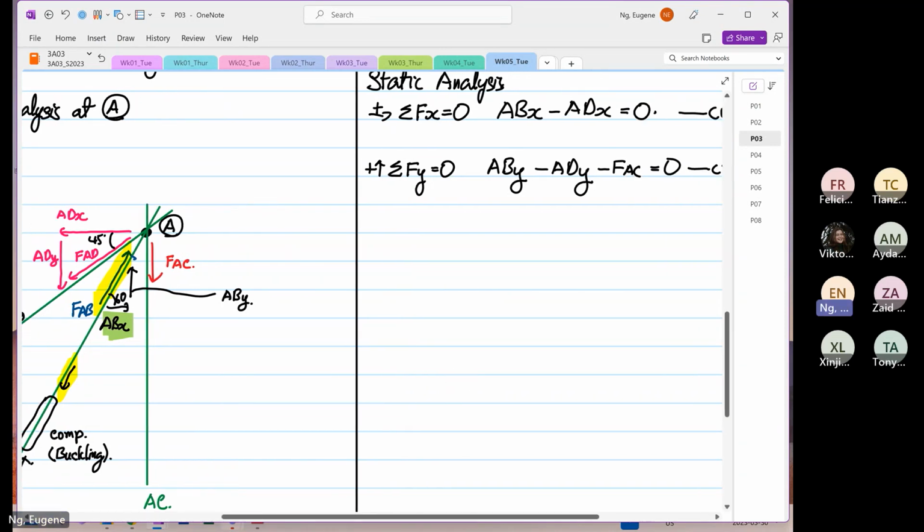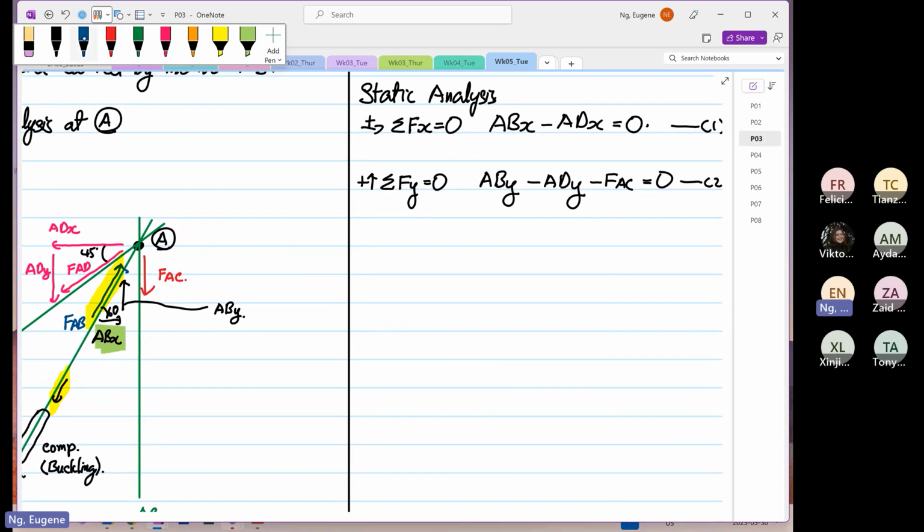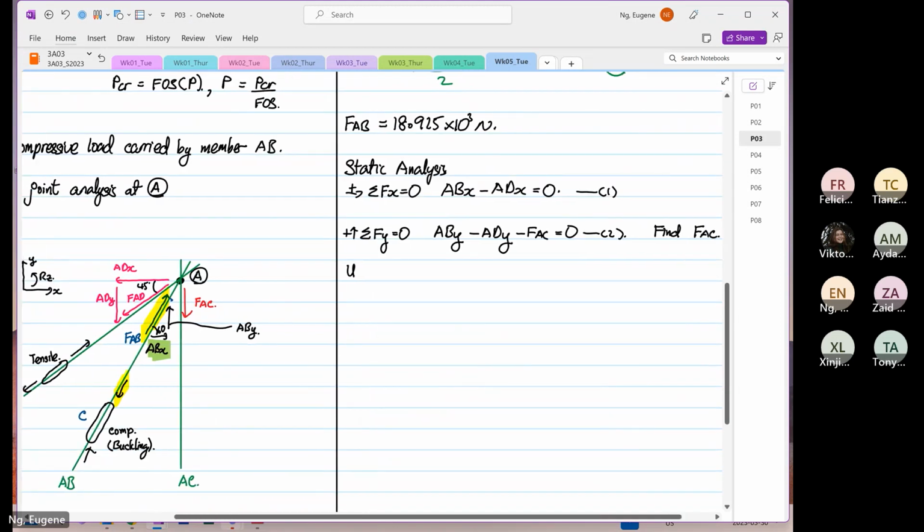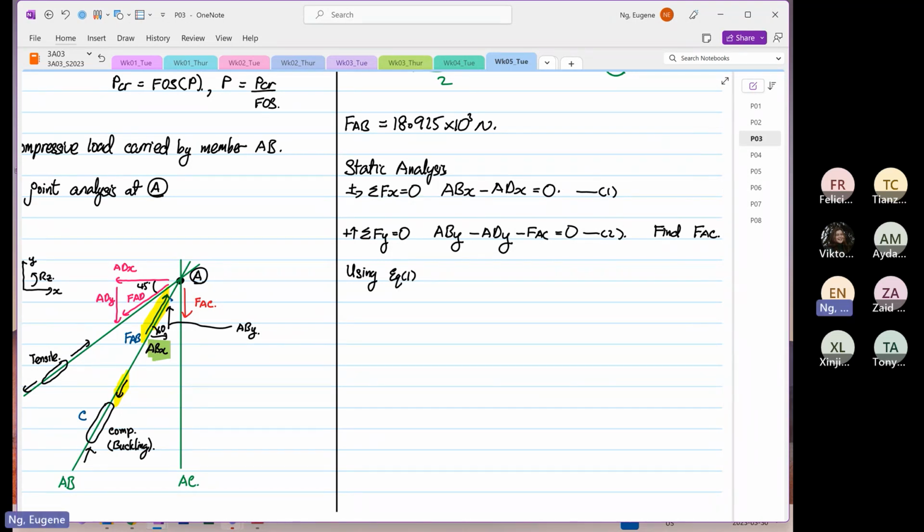Okay, so using equation number 1, ABX is FAB cos 60 is equal to ADX, right?